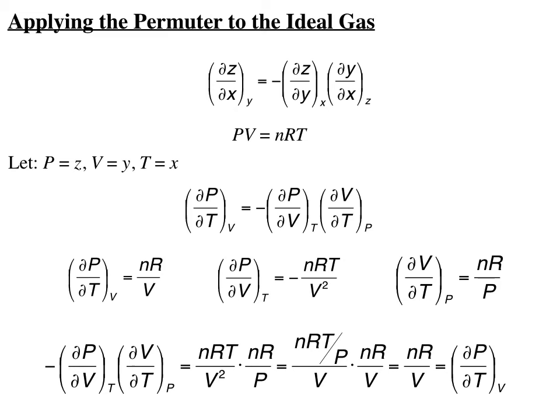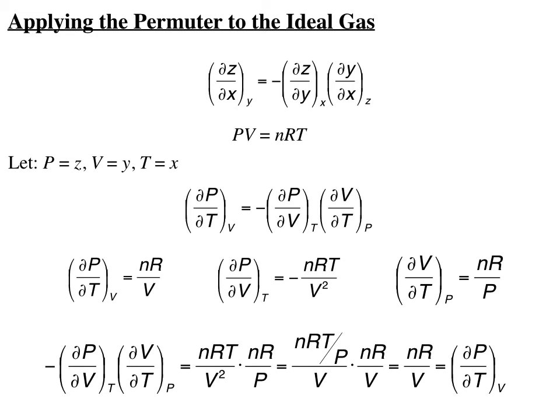And if I do simplification, as you see I do at the bottom, I do some cancellations of n and R, a couple of powers, actually I do a little substitution in that nRT over V squared is equal to nRT over P over V times nR over V. Notice how I did a little bit of a trick there.